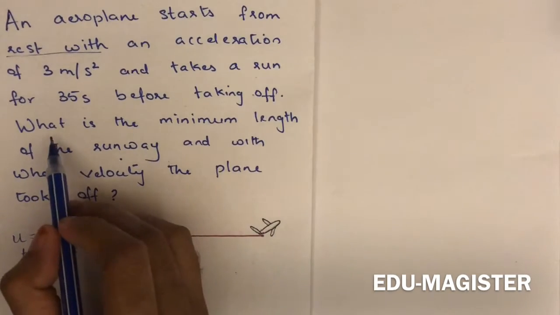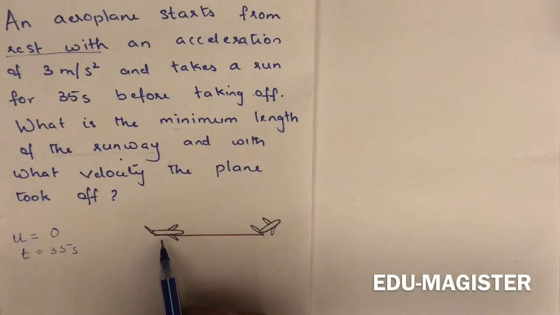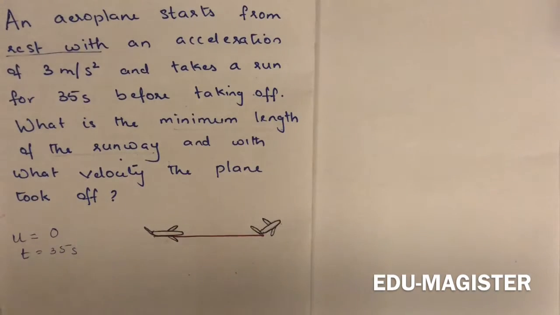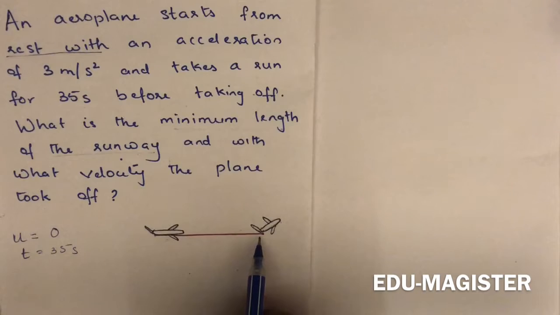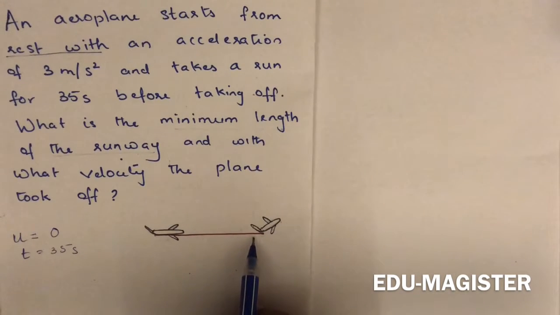In the question they are asking what is the minimum length of the runway. So for the aeroplane to move for 35 seconds, what is the minimum length of the runway? Or we can say what is the minimum distance covered by the aeroplane, right? That will be the same as the minimum length of the runway.